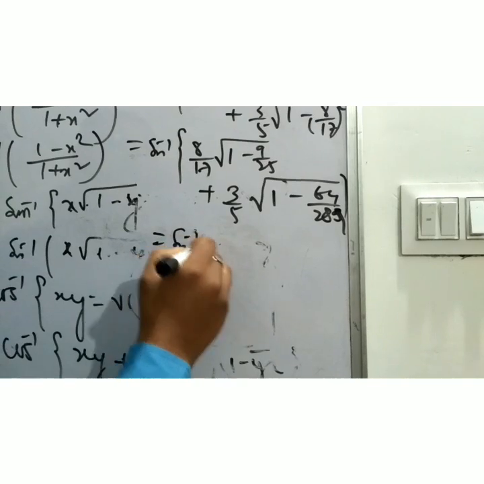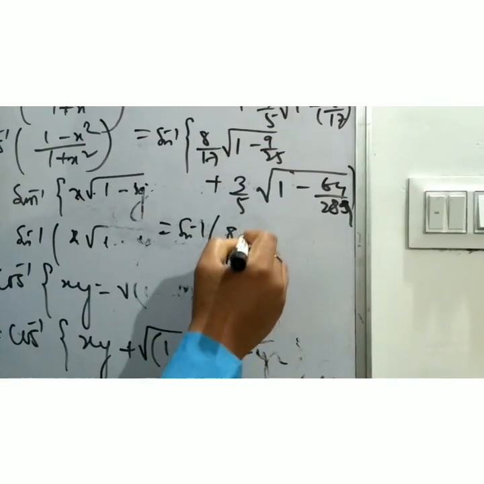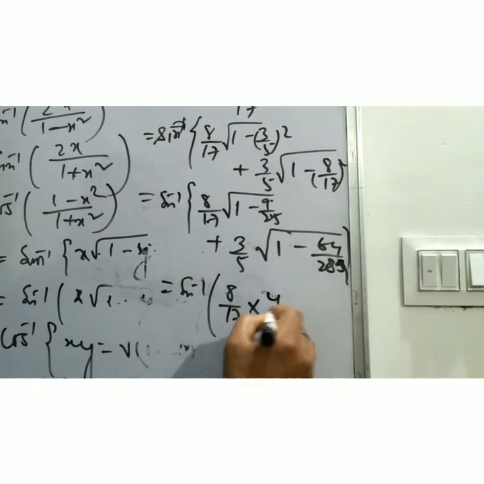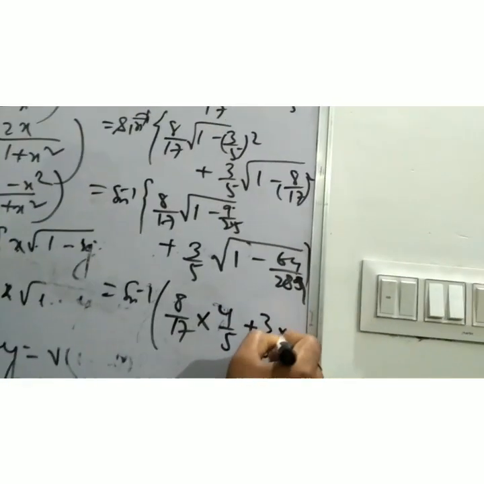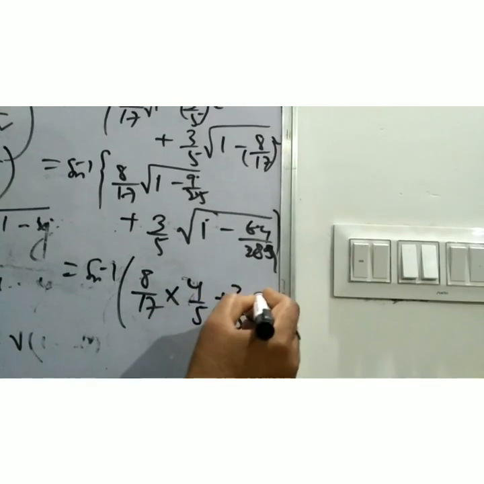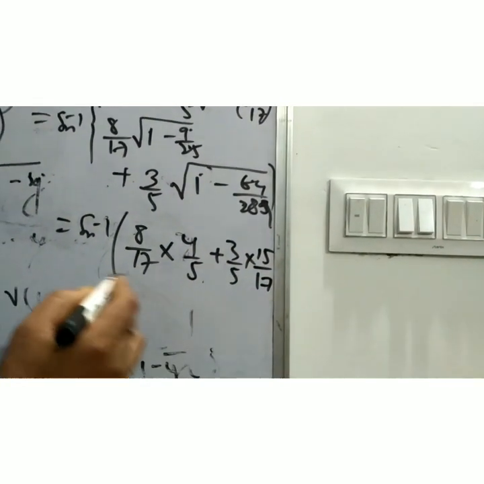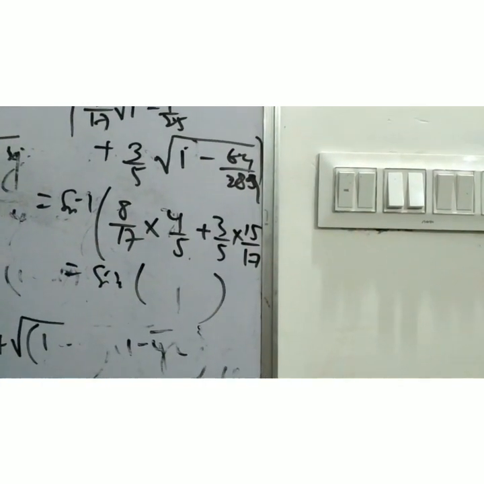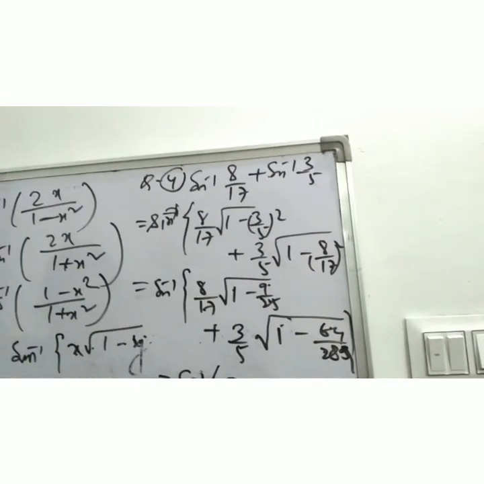That is sin inverse of 8/17 into root of (25 minus 9), that is 16, so 4/5, plus 3/5 into root of (289 minus 64), that is 225, so 15/17. Then you can calculate the value by solving. Okay, this is the use of sin inverse x plus sin inverse y.